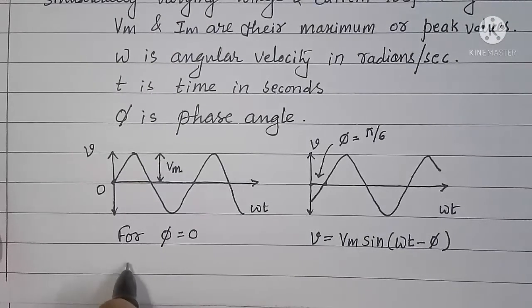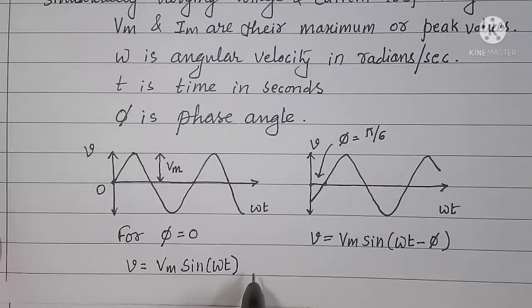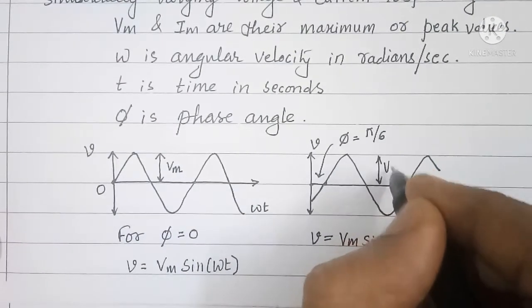Here the expression for instantaneous voltage will be V equal to Vm sine of omega t only because phi is 0 here. Here also we will show maximum voltage as Vm.